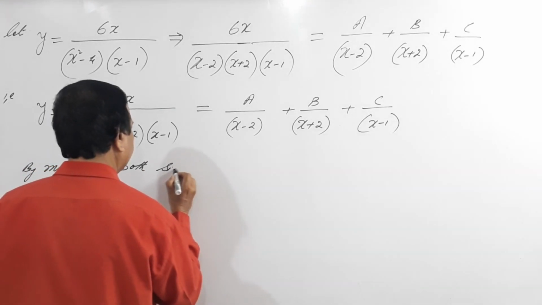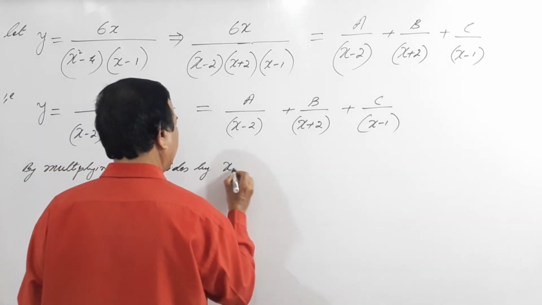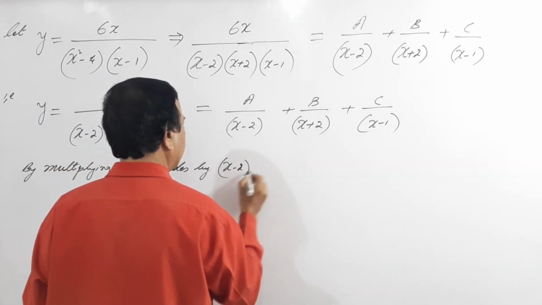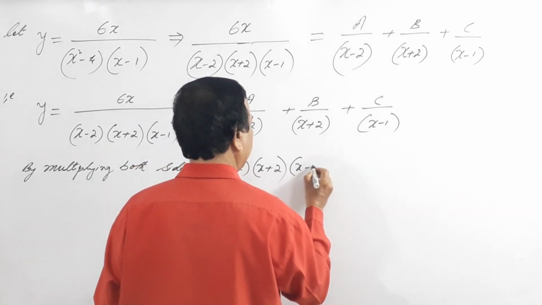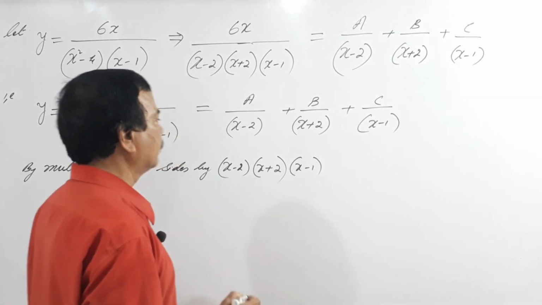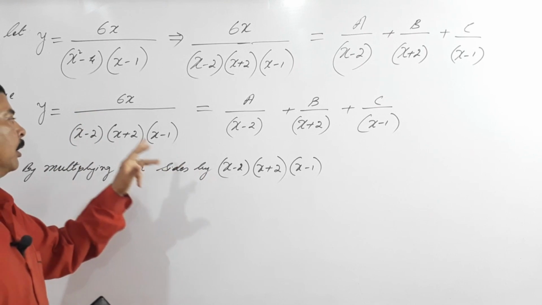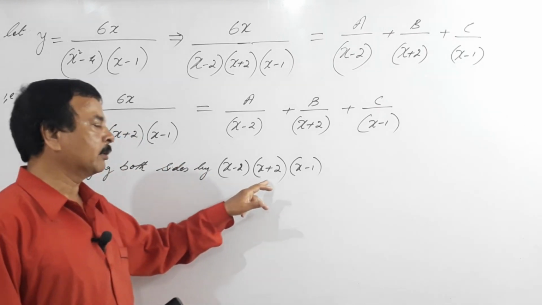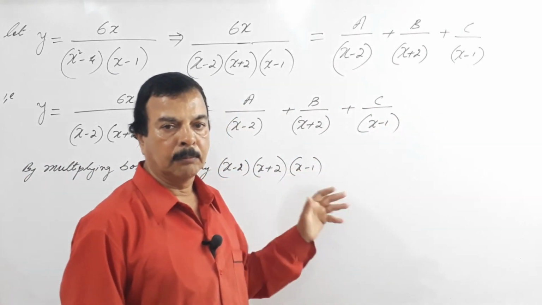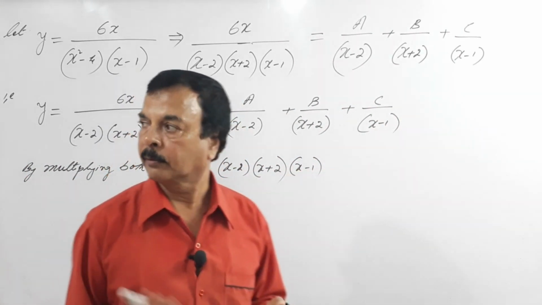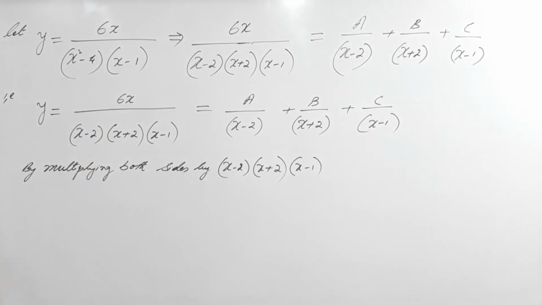That means you multiply the left hand side by x minus 2 into x plus 2 into x minus 1, and the right hand side also you have to multiply with the same value. So that is what happens here.